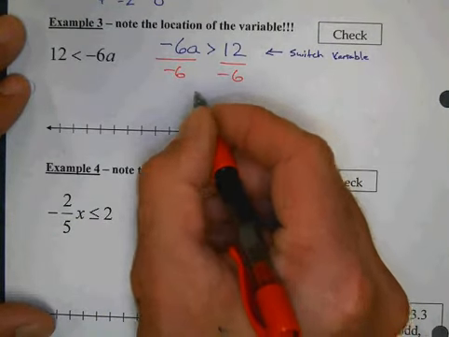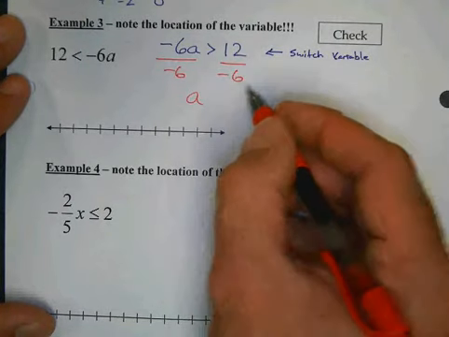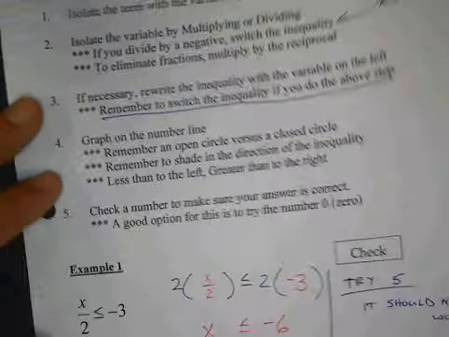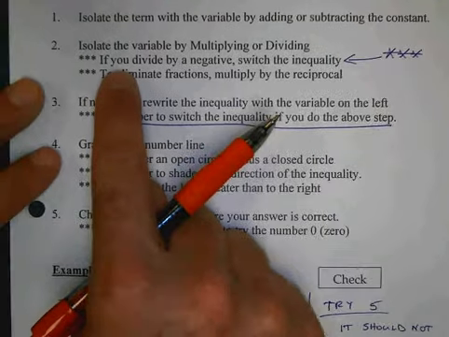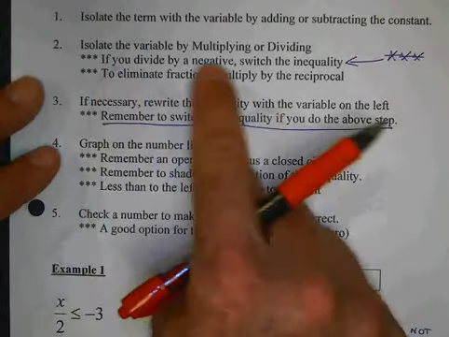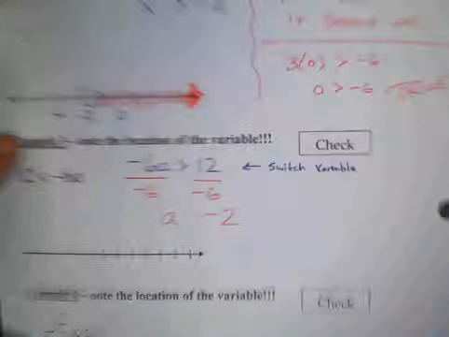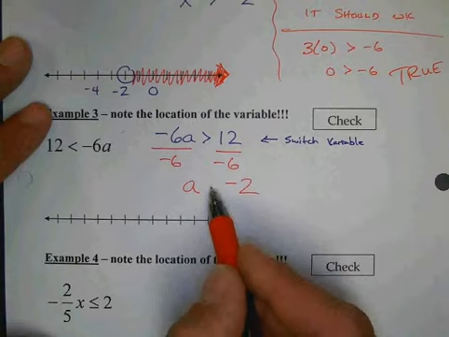Just A. And what's 12 divided by negative 6? Negative 2. Now, flip back forward to the front page. Point 2, right there. It says if you divide by a negative, what do? Switch the inequality. So, did we just divide by a negative? So the greater than sign becomes a less than sign.